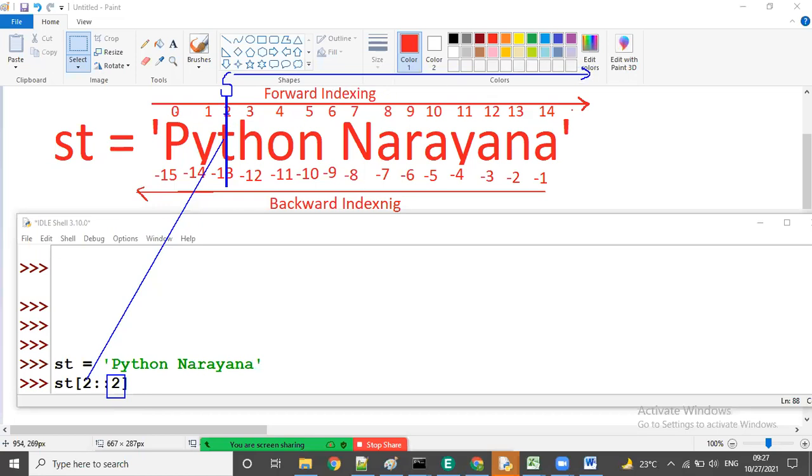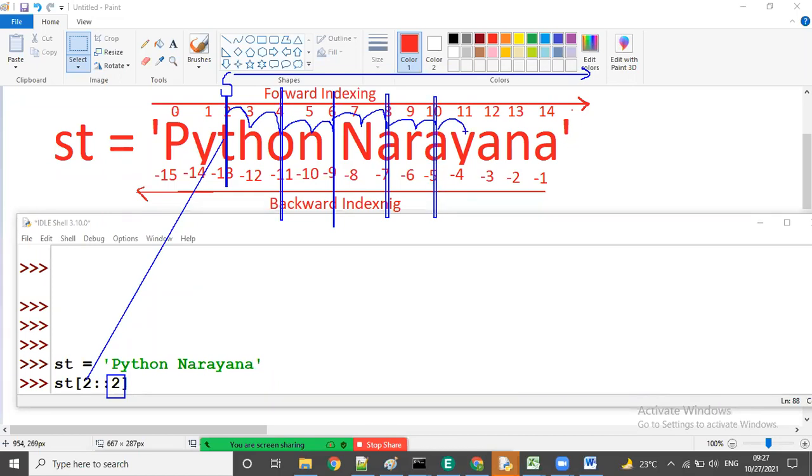Every second character means, say this is the 1, this is the 2. Yes, O will come. Again, this is the 1, this is 2. Yes, space will come. Next one, again 1, 2. Yes, A will come. Every second character I am taking. Again 1, 2, A will come.